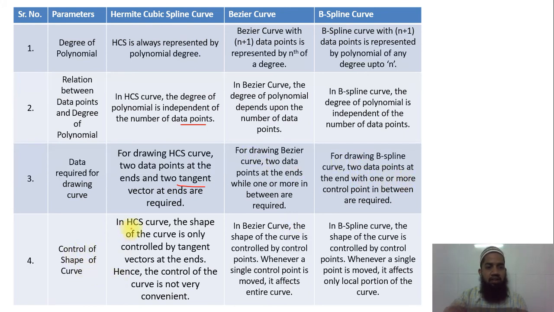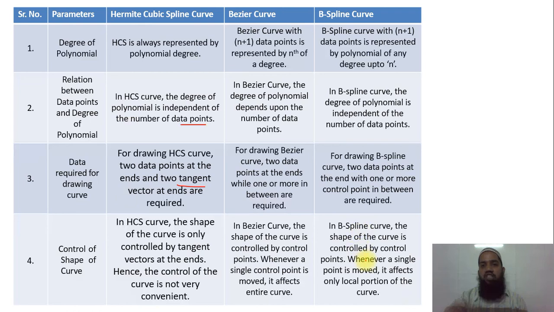Control of shape. In the Hermite cubic spline curve, the shape of the curve is controlled only by the tangent vectors at the ends. Hence, control of the curve is not very convenient. In the Bezier curve, the shape of the curve is controlled by the control points, but whenever a single control point is moved, it affects the entire curve.